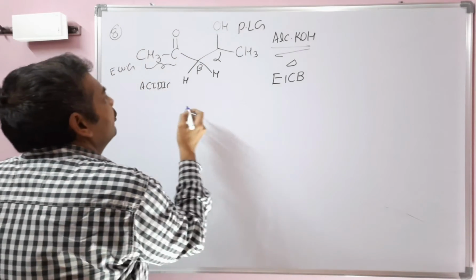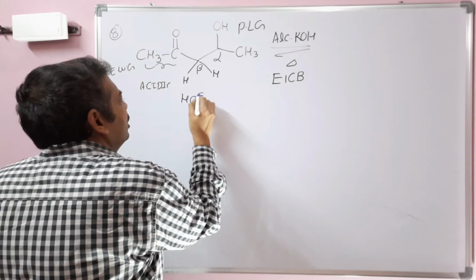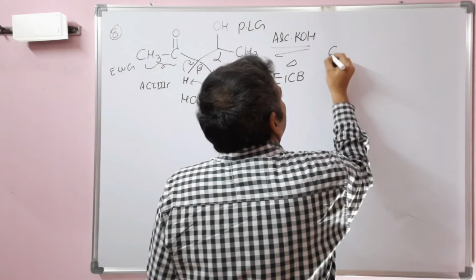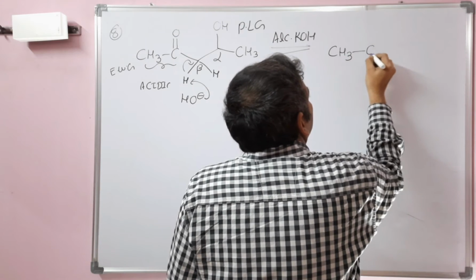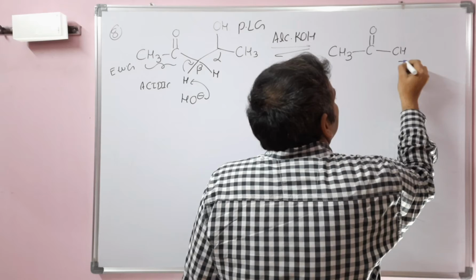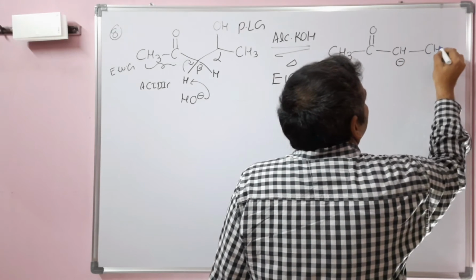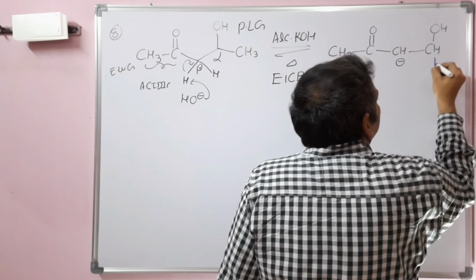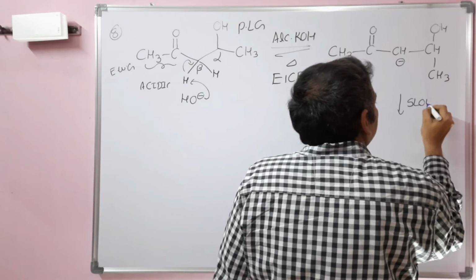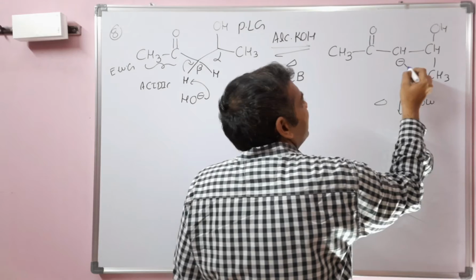First OH minus will abstract a proton at either beta carbon to give a carbanion. This carbanion is obtained in the first step. In the next step, that is the slow step, at high temperature, expulsion of the leaving group will take place.